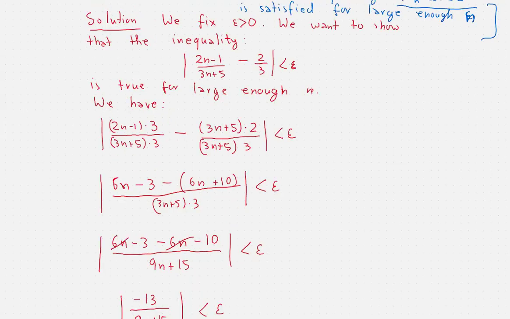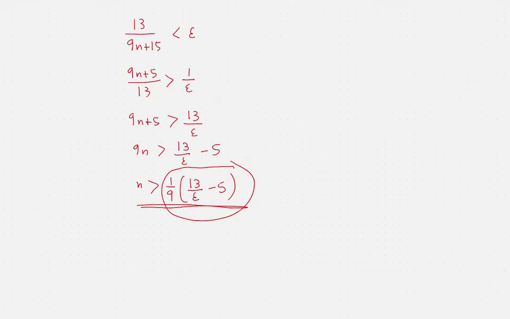The other interesting thing that you can notice here is that as epsilon becomes smaller and smaller, this number here becomes larger and larger, which means if you want to be closer to your limit, you will have to go further into the sequence. So you will have to consider larger and larger numbers n. And with this, we have completed what was needed. Thanks for watching.